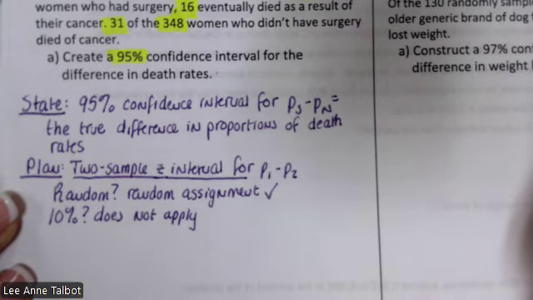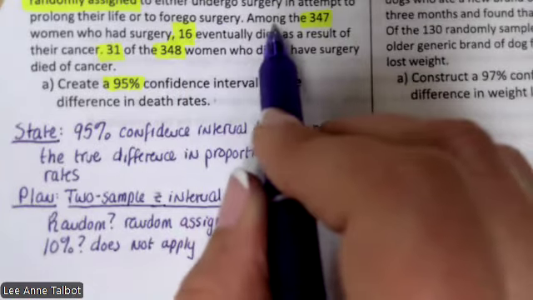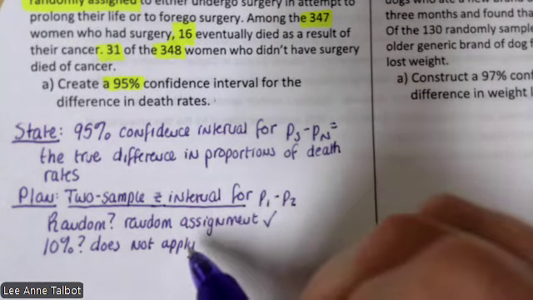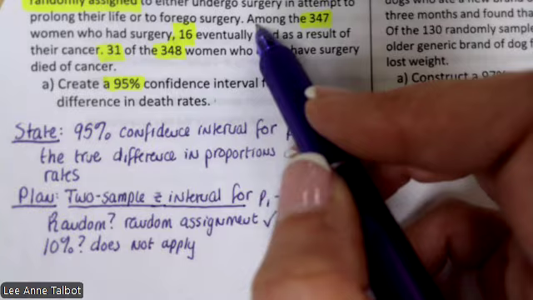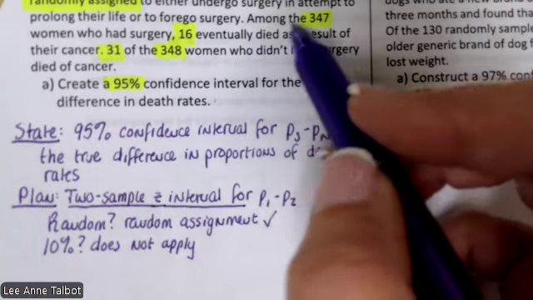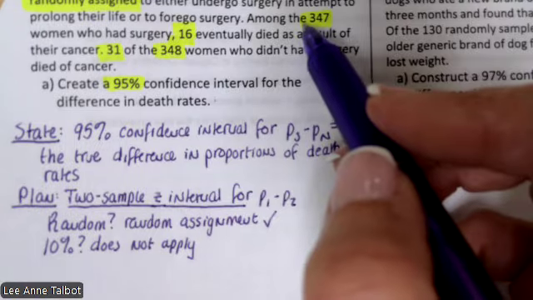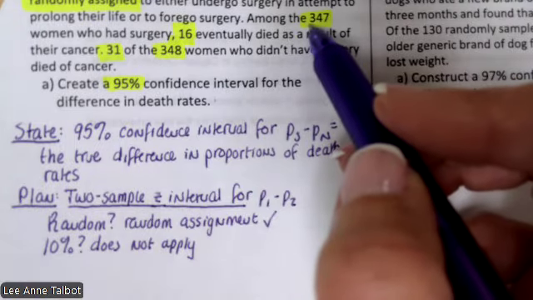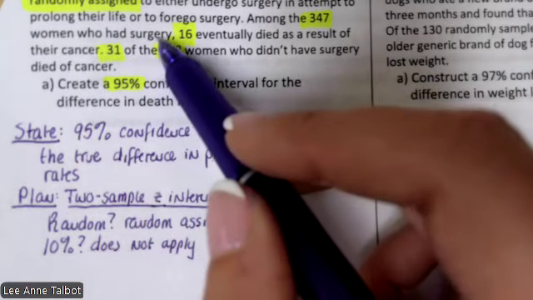Oh, you have to look at what the sample was of. So it says we're not doing 10% in this one, but let's just say we were. You would say n equals 347 is less than 10% of, and then you look at the 347 and you take that out and put the words all women who had surgery.